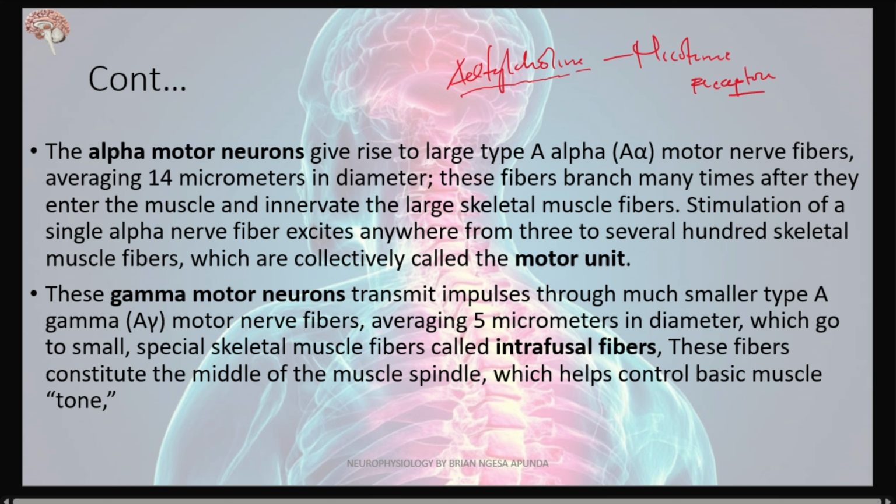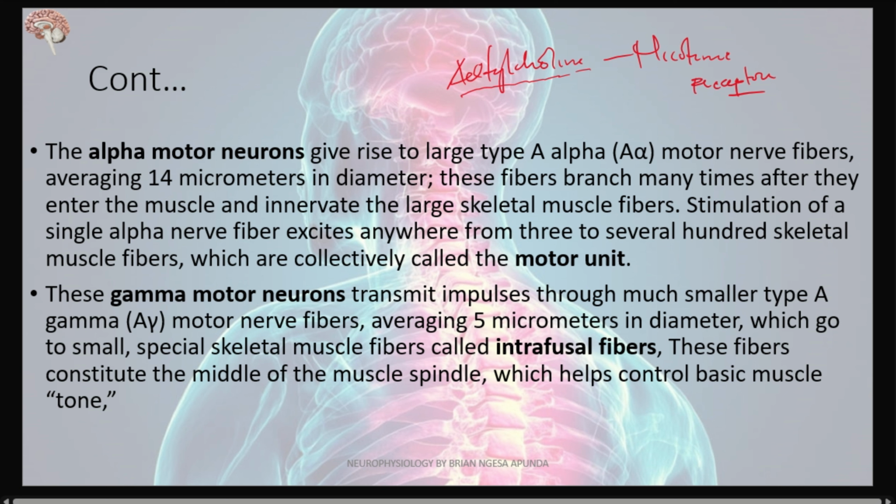We also have the gamma, which is much smaller in size, around 5 micrometers. This tells you it is likely to transmit impulses at a slower rate compared to the alpha motor neuron.